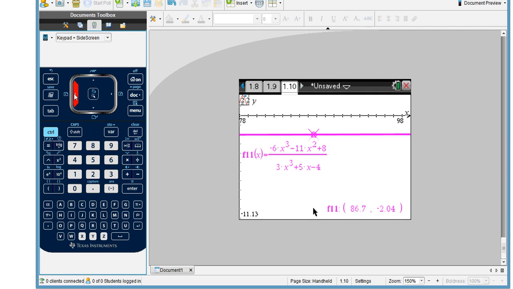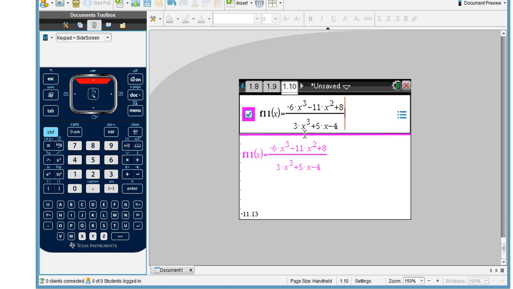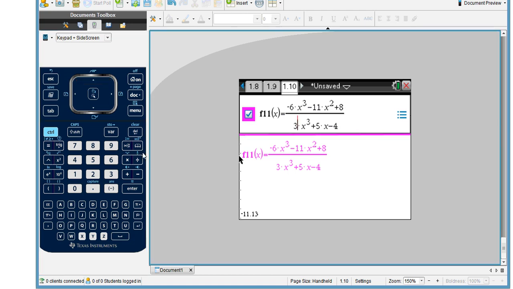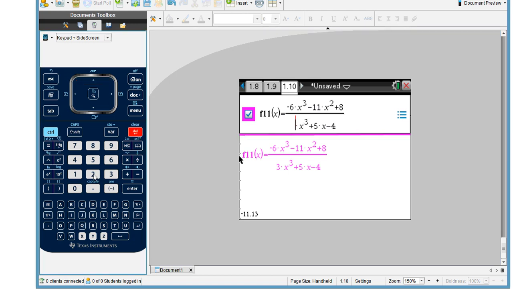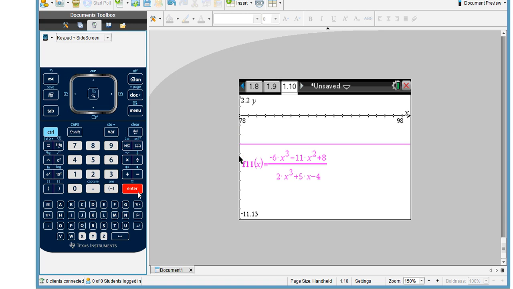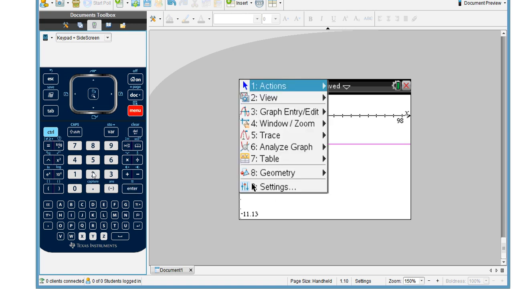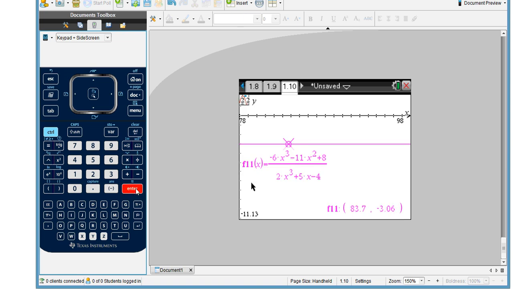I think I entered something wrong, didn't I? Let me go fix that. I'm just looking at that. I'm saying that's wrong. This is going to be 2. Look, that number was wrong. So here we are. I'm going to go to Graph Trace again. We can fix things.